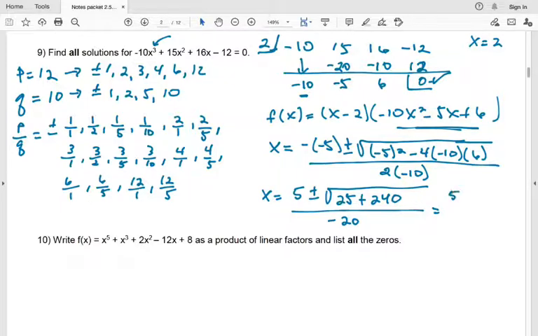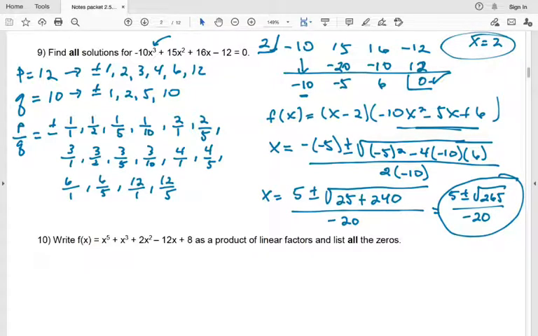So I'm left with 5 plus or minus the square root of 265 all over -20. Now 265 I think is 5 times 53, so it's not going to simplify any further. So these are my other 2 roots along with that x equals 2.